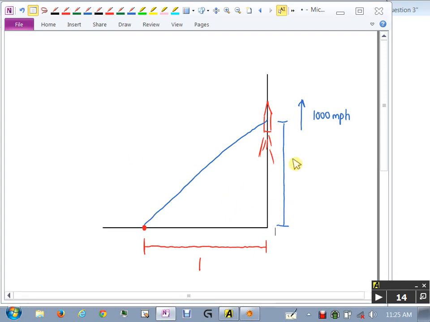I will call this side over here h for the height. Is that okay? It's changing in the problem. I could also label the hypotenuse, but am I interested in the hypotenuse? Do I want to know how long the hypotenuse is in this problem? No, I want to know the rate at which the angle is changing, right? So I need to label that variable as theta.